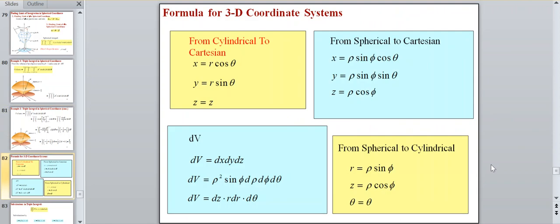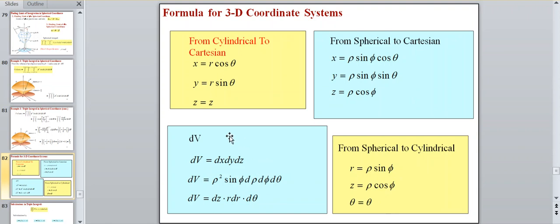Okay, look at the next page here. We have talked about this, and this is the summary of the discussion on Cartesian, cylindrical, and spherical coordinate systems. Here you can see the formulas that we can use to go from cylindrical to Cartesian, from spherical to Cartesian, and from spherical to cylindrical. So we have talked about this, so I leave it to you.